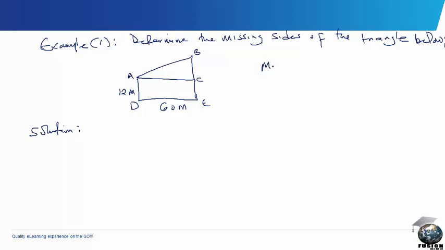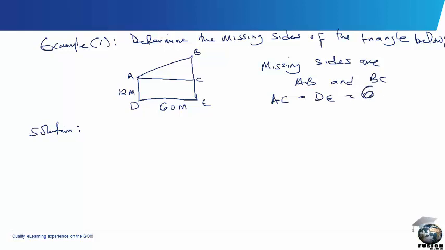Solution: the missing sides here are AB and BC, because by looking at the diagram you find out that AC is equal to DE, okay, which is equal to 60 meters.